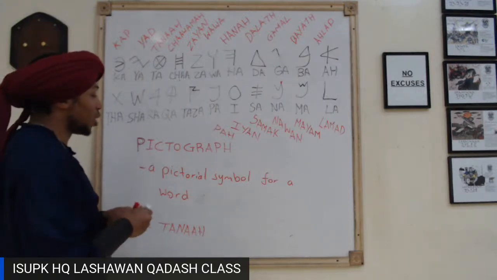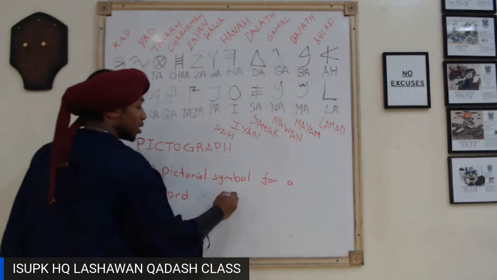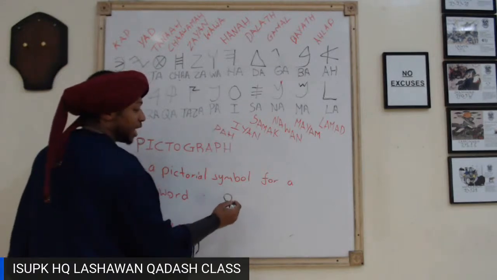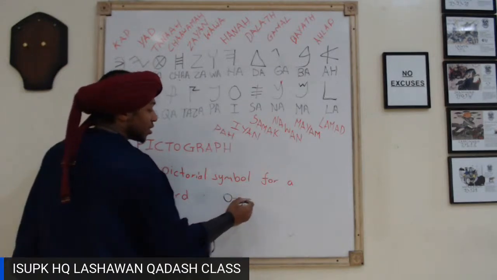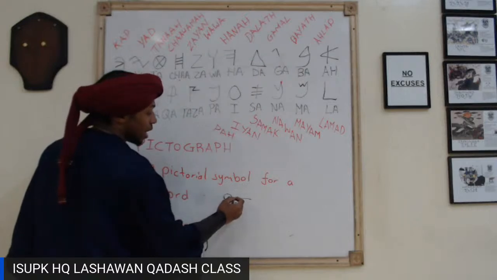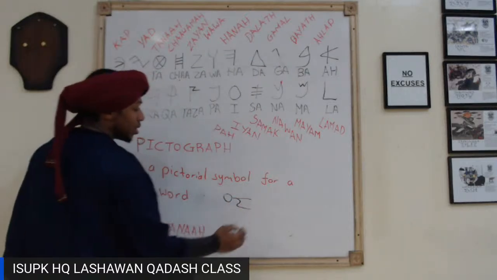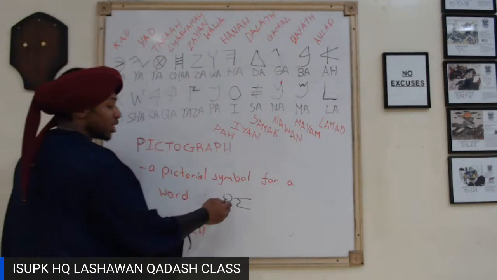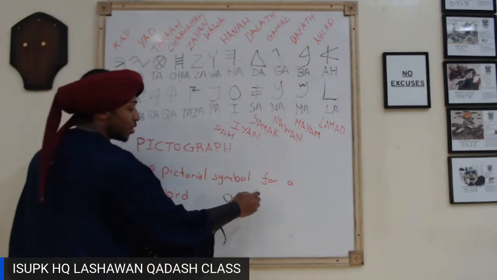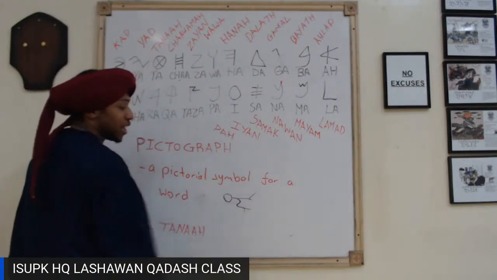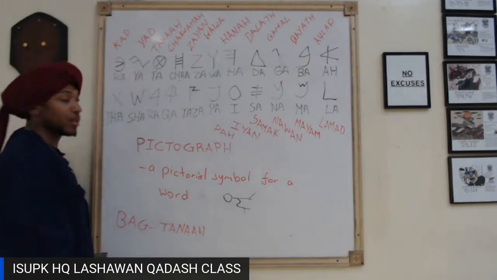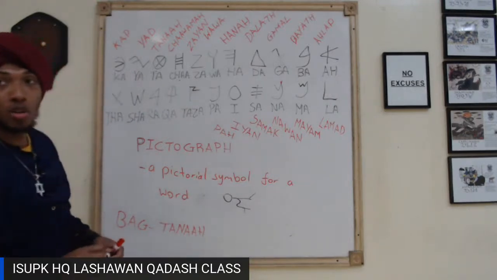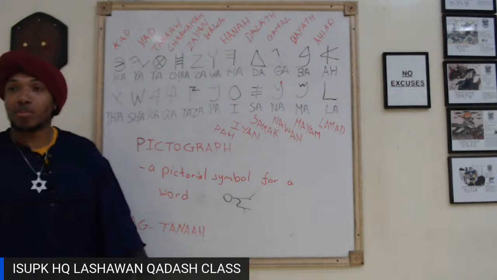Of course the original Tazar was written like this, the man's head, and like this, and then like this. Because the idea was that this is the man, this is his right leg, and this is his left leg. He's lying down on his side in bed. We all lie down like that at home.